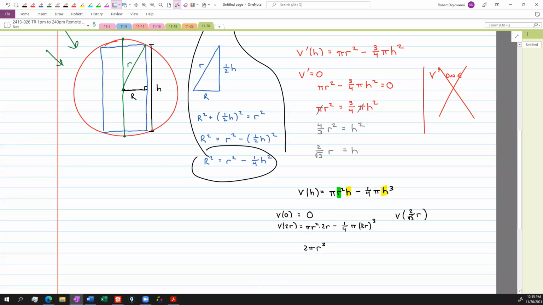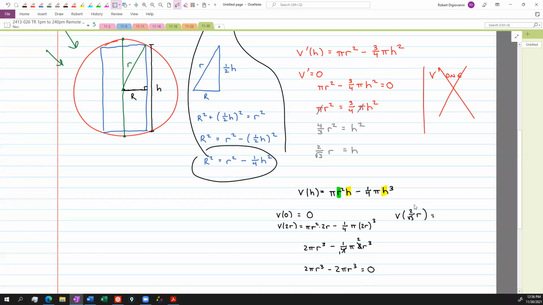And then over here, if you cube the 2r, you get 8r cubed. So minus 1/4 pi 8r cubed. The 8 and the 4 reduce. So you wind up getting 2 pi r cubed minus, again, 2 pi r cubed, which is 0. So you have no volume here, no volume here.